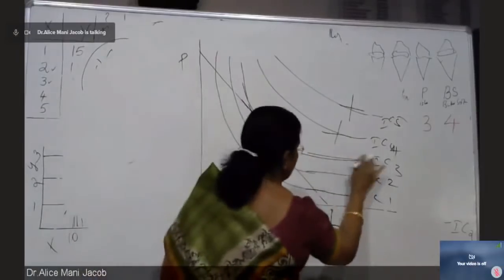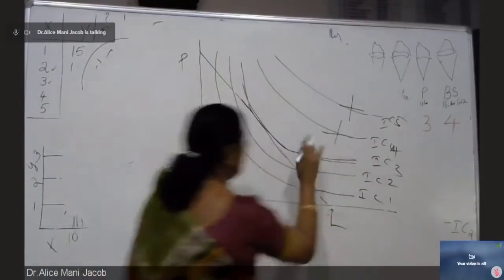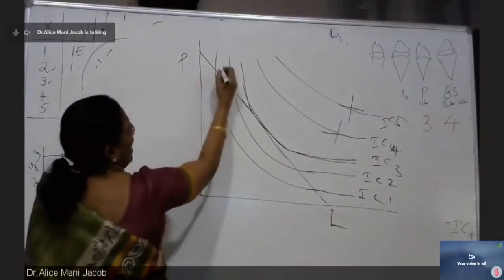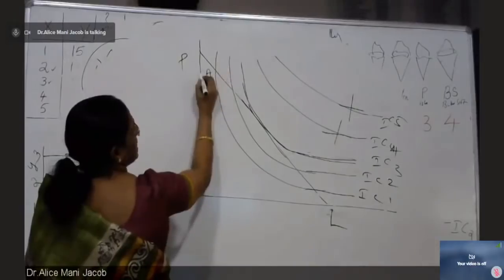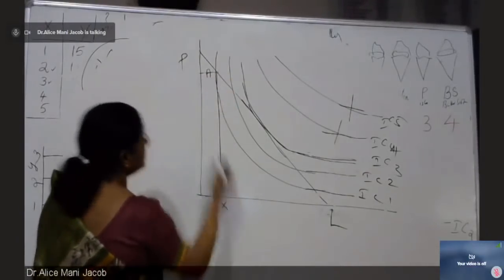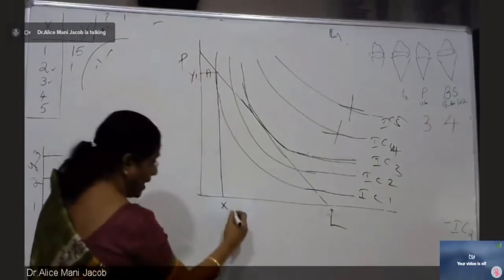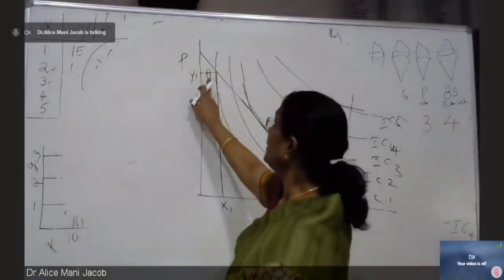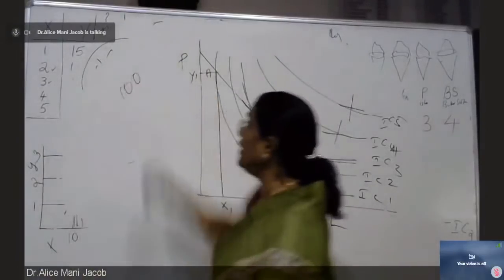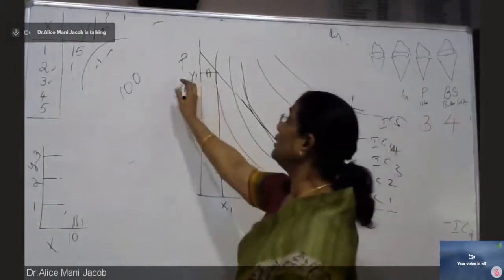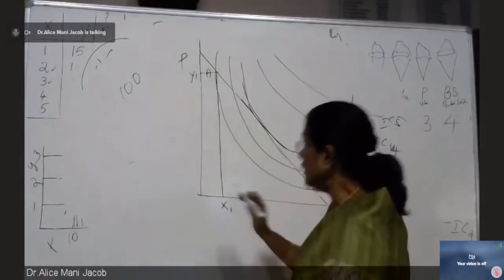Now, let us see, this budget is 100 rupees, and I can spend at point A, for example, too much on Y and too little on X, Y1, X1. Please note, I can be at point A spending 100 rupees. That is, I am spending too much on ice cream and too little on chocolate.